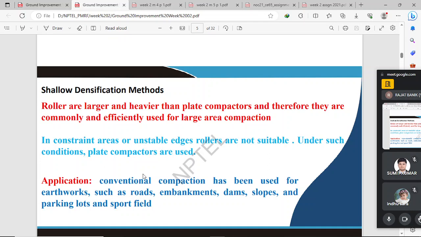The application is that conventional compaction has been used for earthworks such as roads, embankments, dams, slopes, parking lots and sports fields. Sports fields, in the sense of a football ground or a cricket pitch also.